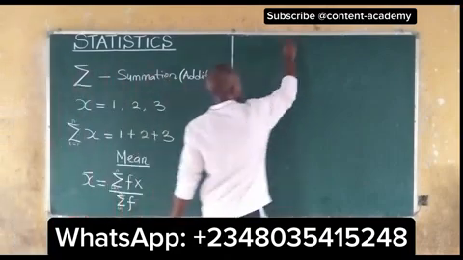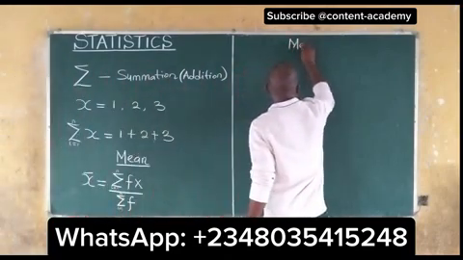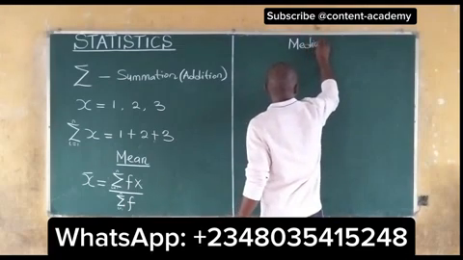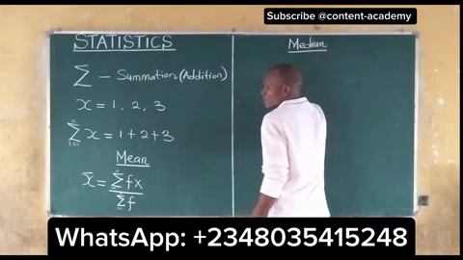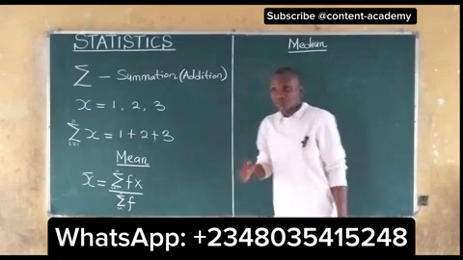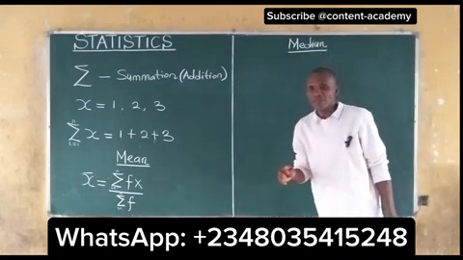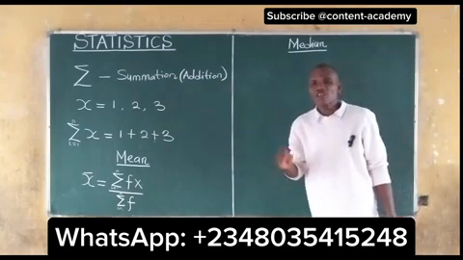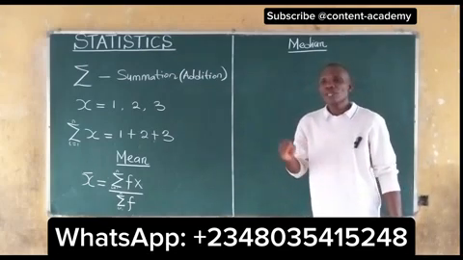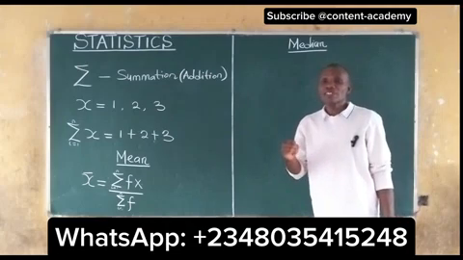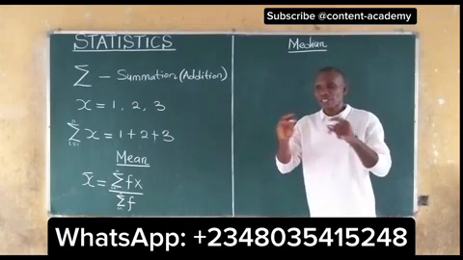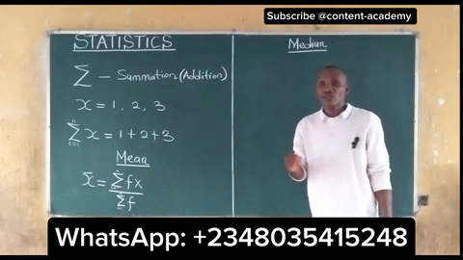How about the median? The median for an ungrouped data is the value of the middle item. That is, if these data sets are odd.